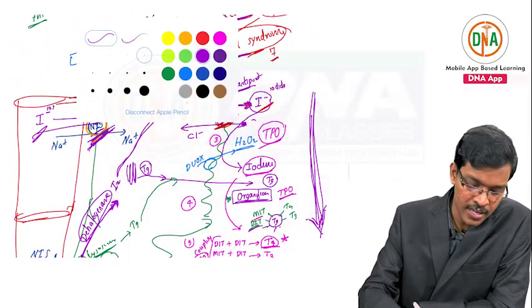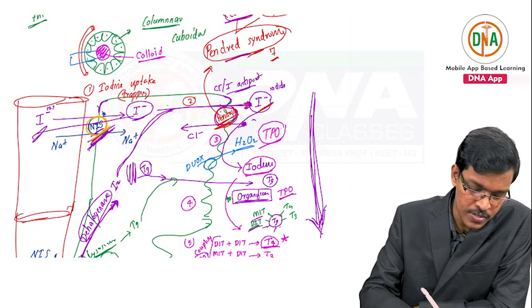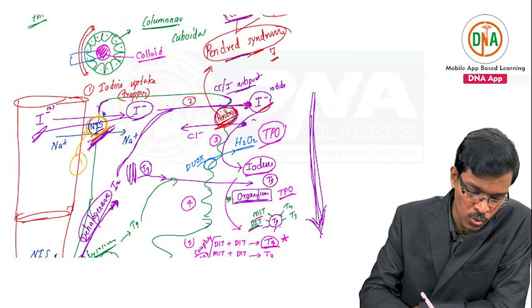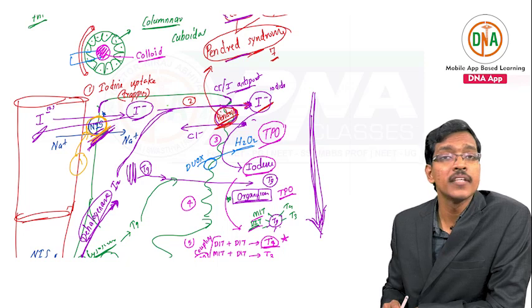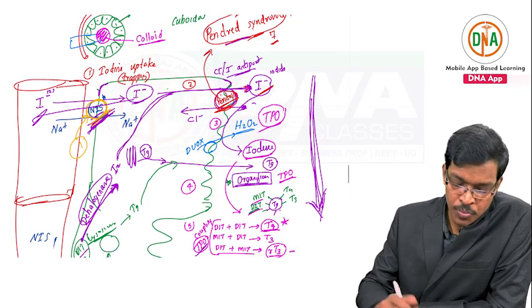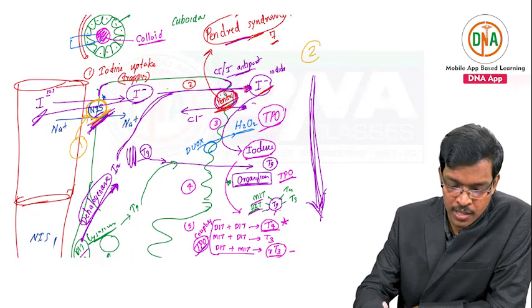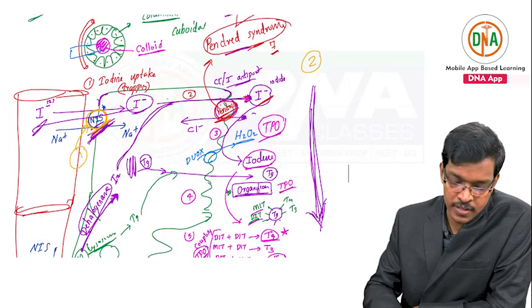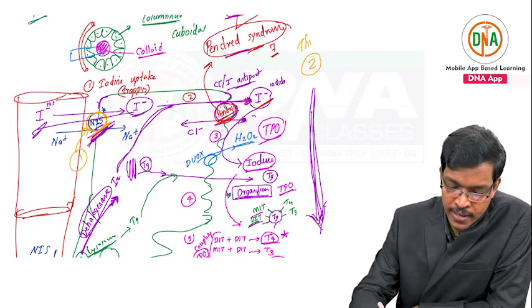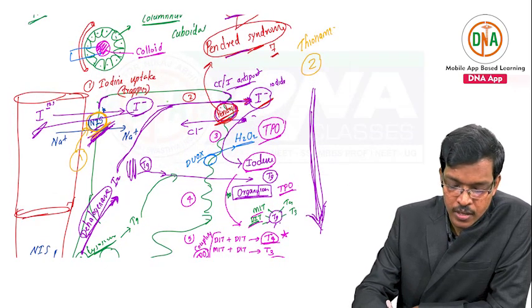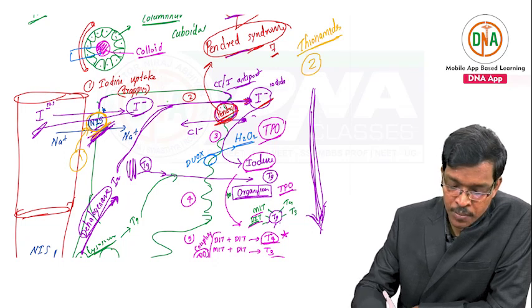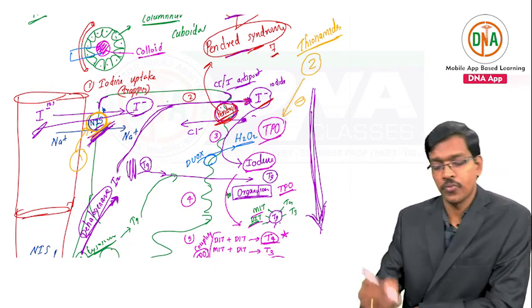first group of antithyroid drugs we were discussing were this group of drugs which is blocking the sodium iodide importer, thiocyanate and perchlorate. Second group of drugs, which are the most important and the most commonly used class of drug, are known as thionamides. These thionamides are actually blocking this TPO.